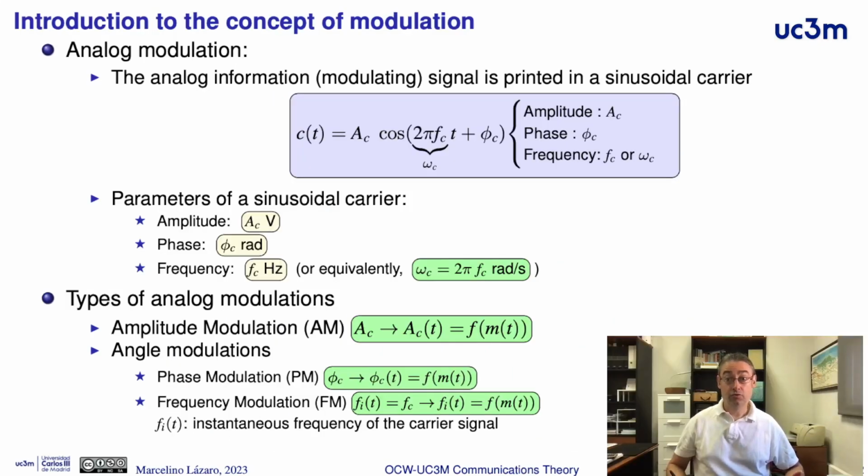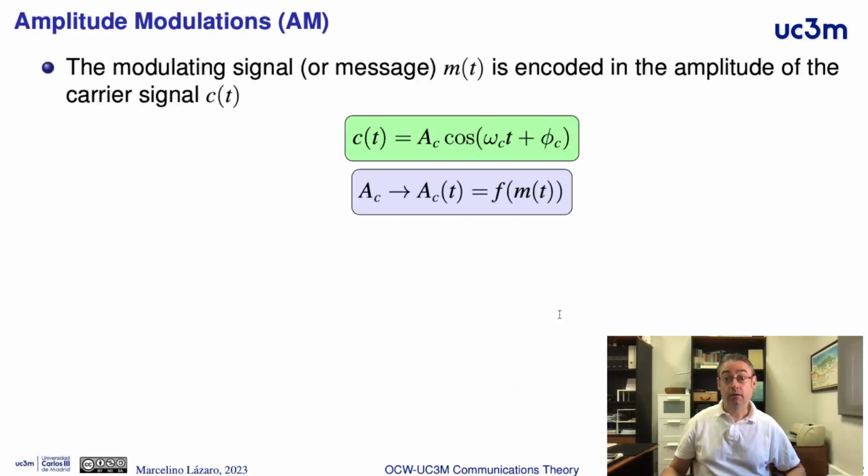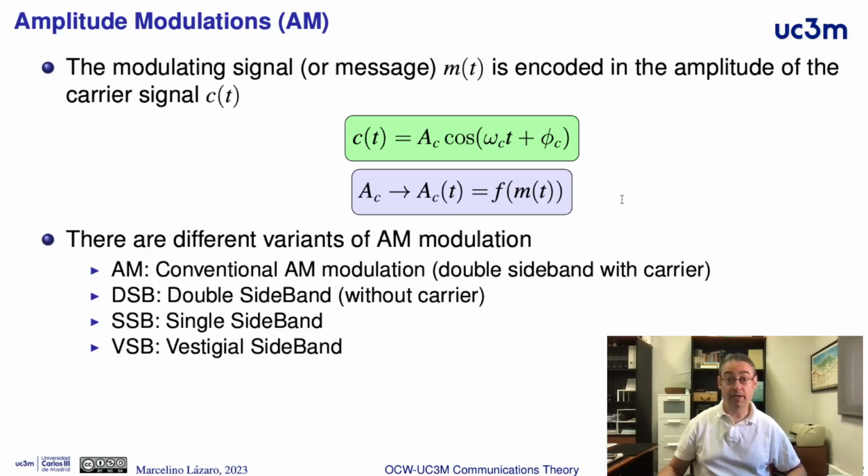There are two variants of angle modulation, phase modulation and frequency modulation, and there are also several variants of amplitude modulation, because in this case what is going to be modified is the amplitude of the carrier. The amplitude will be modified as a function of the modulating signal and we will analyze different variants.